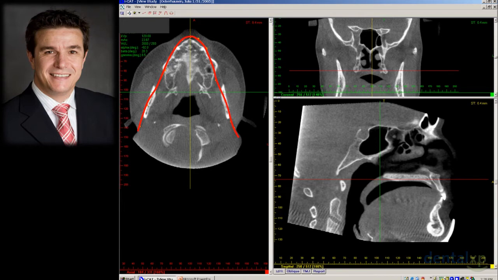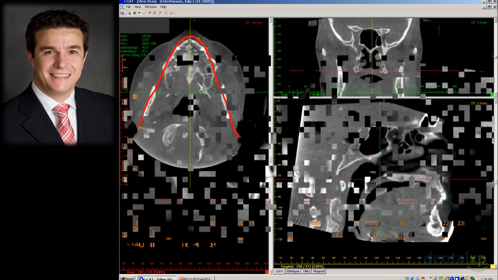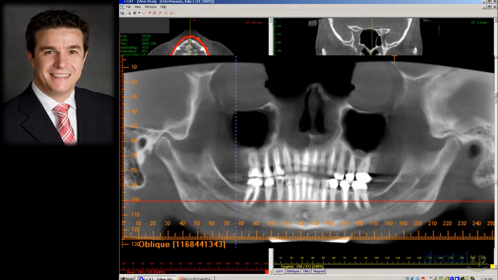After all, this is what the panoramic radiograph is, a thick slice of the maxilla and the mandible, and the computer will instantly generate a beautiful panoramic image without any magnification, without any distortion, which seem to be the most common disadvantages or drawbacks, if you wish, of panoramic radiography.